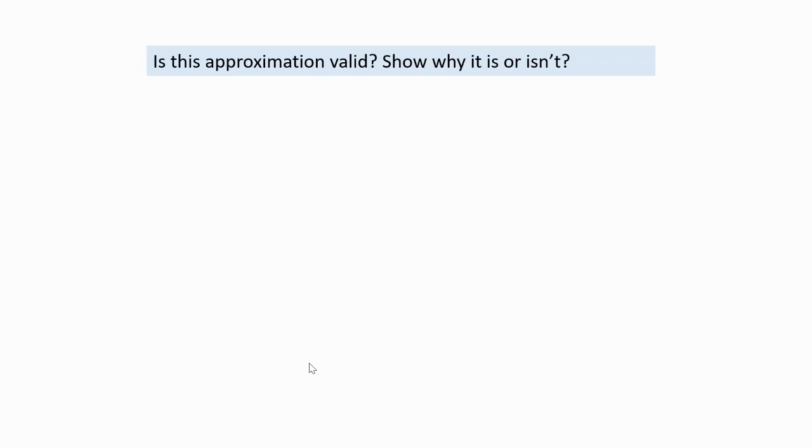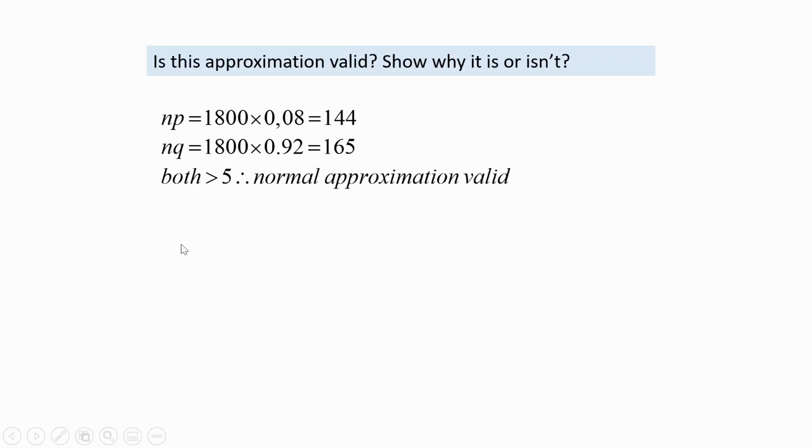But what makes it valid is if n times p and n times q are both greater than 5. If they are both greater than 5, then the normal approximation is valid, which means that you can accept the solution that you've got for the probability.